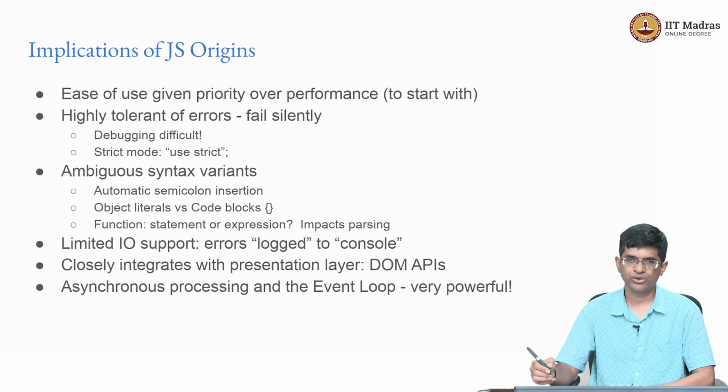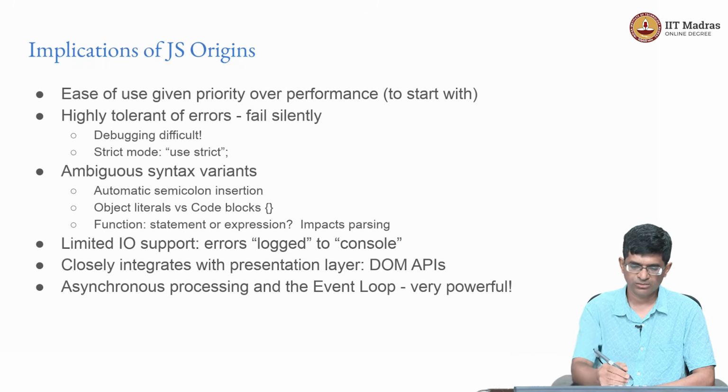JavaScript says, yeah, you can put semicolons when you want to, but if you don't, then the interpreter will figure out where to put them. Not the best of approaches, and I would strongly recommend that you follow a consistent approach. And in the case of JavaScript, probably the best solution is to put a semicolon after every statement, right? That gives clarity. At least there is no chance that there is ambiguity in the code that you type in.